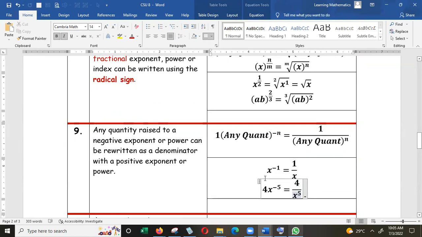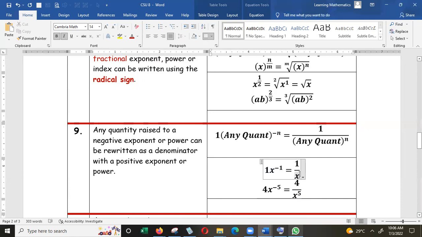So any quantity with a negative exponent can be rewritten in the denominator and the exponent becomes positive. But the coefficient that is multiplied to that expression will remain as the numerator, as is. 4 raised to the 1 will remain as 4 raised to the 1, and 1 raised to the 1 will remain as 1 raised to the 1.